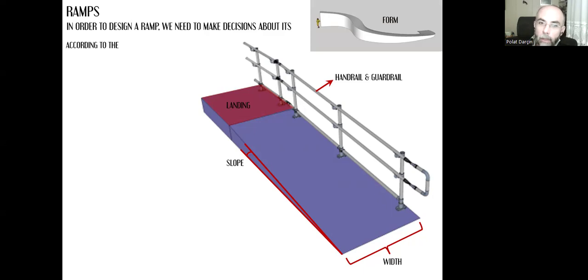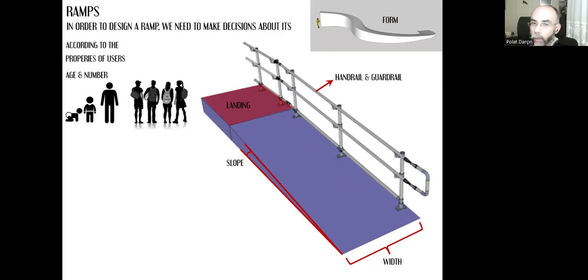We can make decisions according to the properties of the user, such as their age or number. If we are talking about a user that is a baby, a toddler, or an adult, and the number of people, again, that is directly related to the function of the building. Some buildings have public functions, such as educational or health buildings, so they will also have a higher number of users.